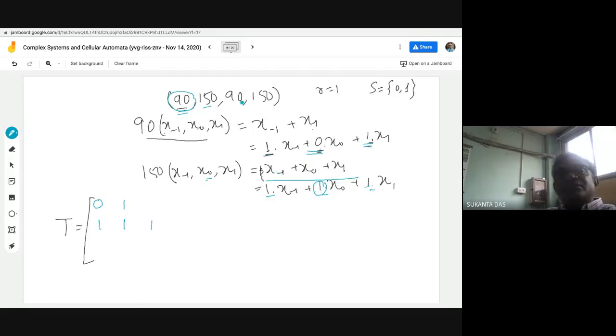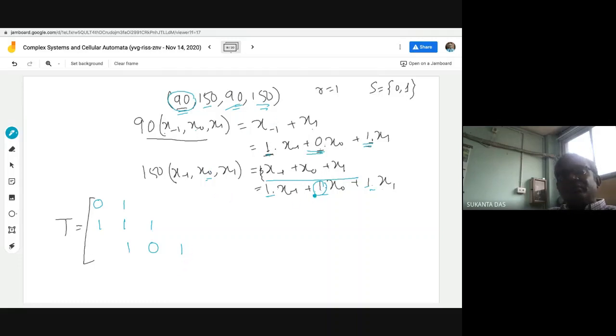Next rule is 90. In case of 90, the middle one is 0, left side is 1, right side is 1. Last one is 150.